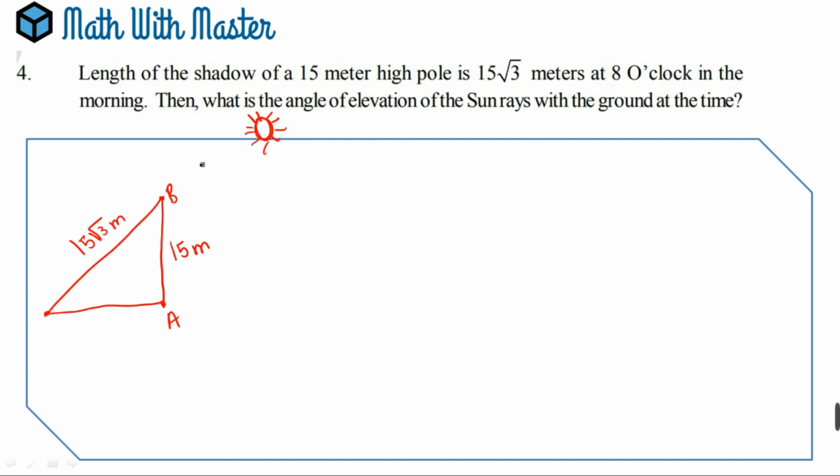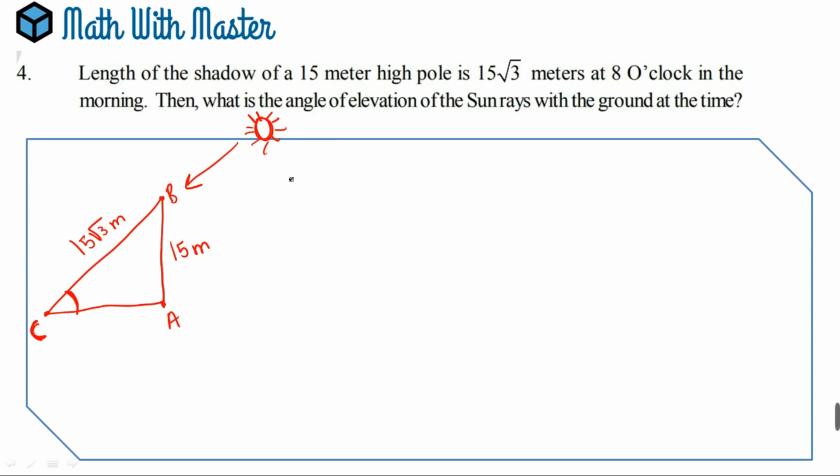This is 15 root 3 meters. So here we will make our point C. So then what is the angle of elevation of the sun rays with the ground at that time? So at 8 o'clock, what will be this theta?